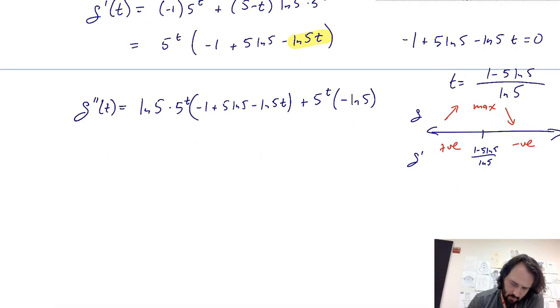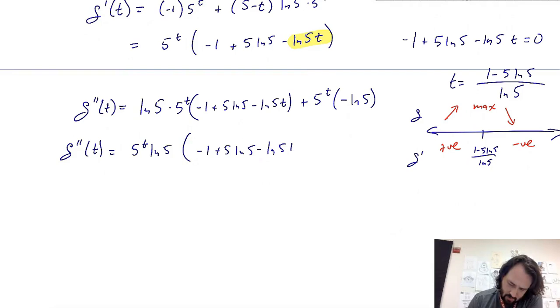So, all right. So from this point, I would probably factor out a ln of 5 and a 5 to the t. So I'm left with negative 1 plus 5 ln of 5 minus ln of 5t plus 1. So all that does for me is it makes those go to 0.